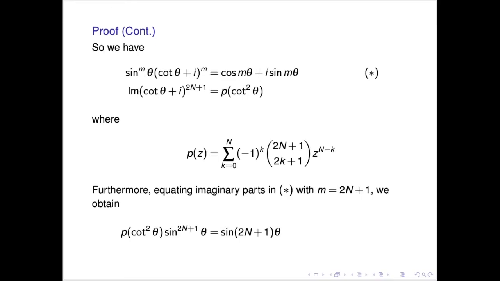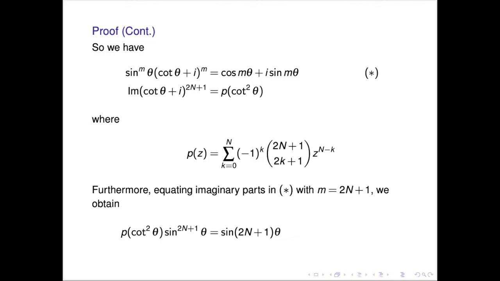Moreover, we can now equate imaginary parts in the relation asterisk when we take m equal to 2n+1, and we obtain p(cot²θ) times sin^(2n+1)θ equals sin((2n+1)θ). Note that the imaginary part on the right hand side of the relation asterisk comes from sin(mθ), and here m equals 2n+1.